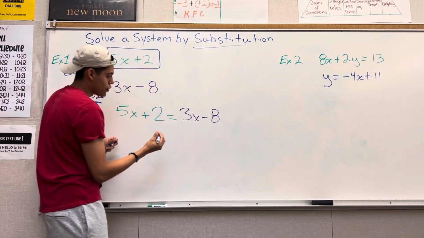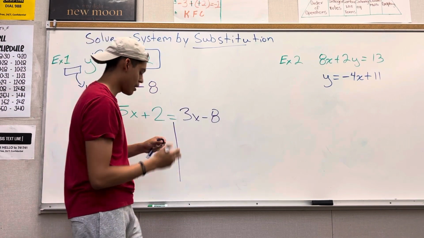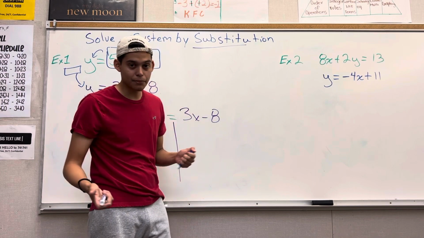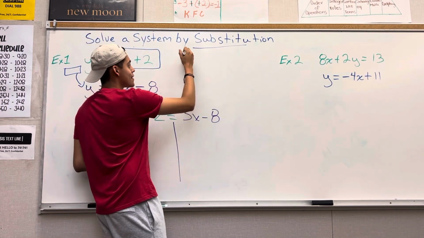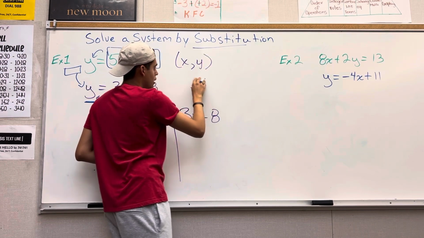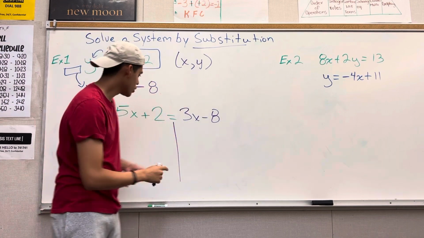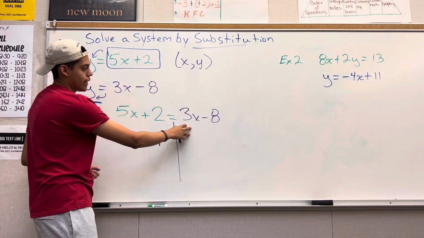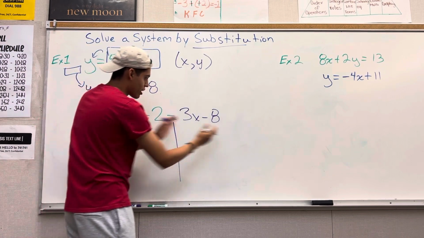Now, I don't know if you guys have watched our previous videos, but we talked about two-step equations or multi-step equations on trying to find what x equals, because at the end of the day, we are trying to find what x comma y is, and where the two lines intersect. So right here, hopefully you guys remember how we want the x's on the left, the regular numbers on the right.